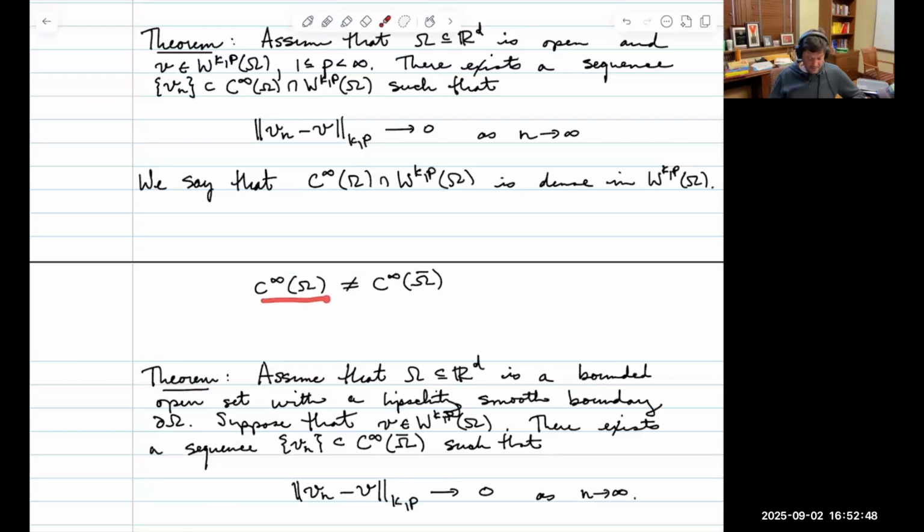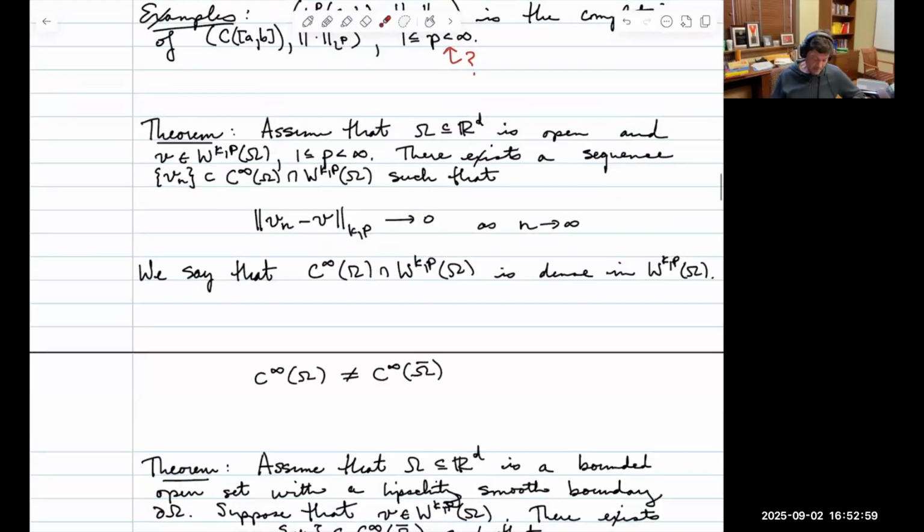These functions here do not have to be bounded, right? Because this is an open set. This is a closed set. In fact, closed and bounded generally. I'm going to make this usually be open and bounded, and therefore its closure is closed and bounded. So therefore, what we call compact.